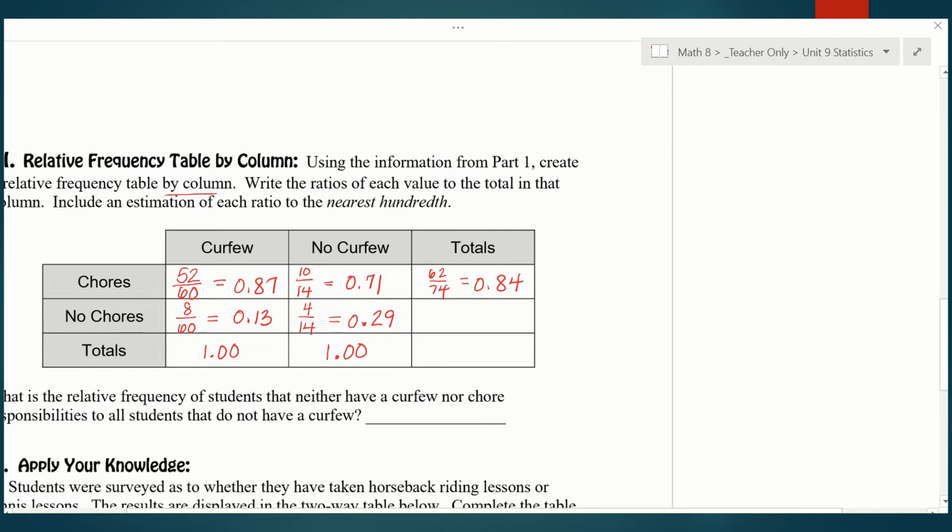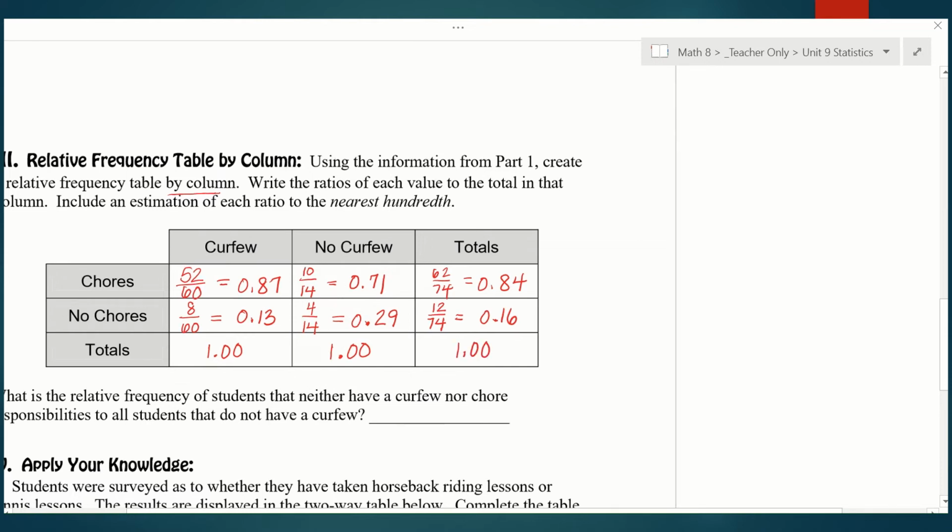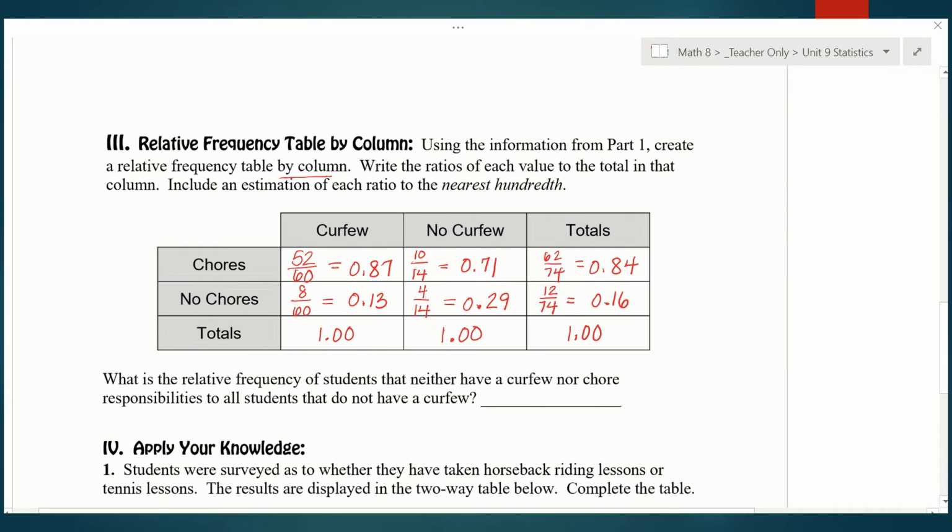And then my other total was 12, again out of that column, 74, which is 0.16. And if I add those up, I get 1 whole. Just like the last one, if our columns are all adding up to 1, we know we did this correctly.